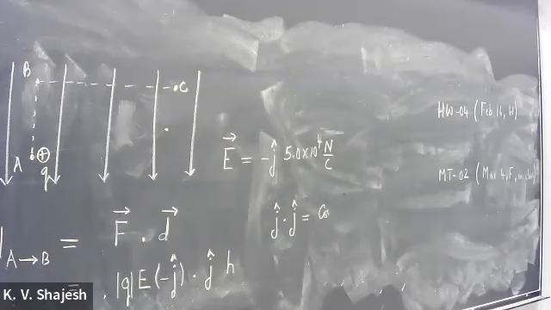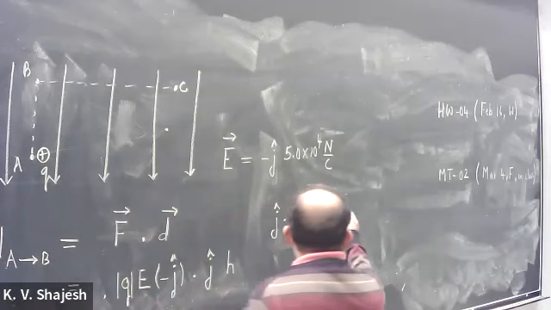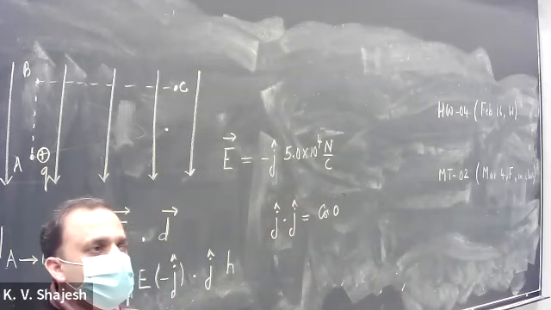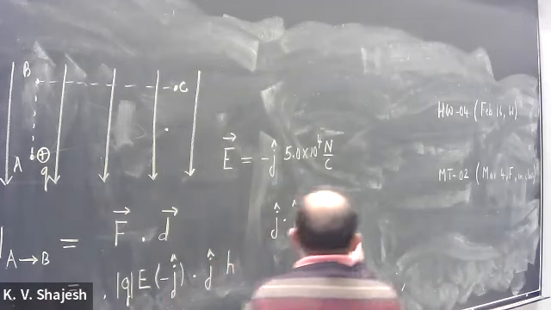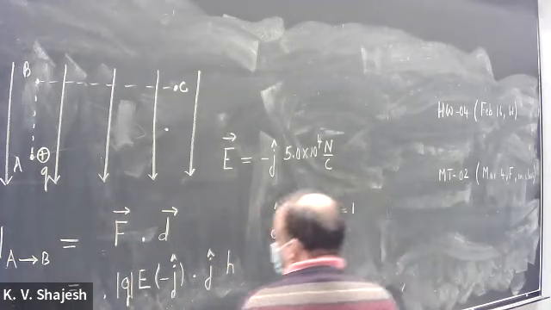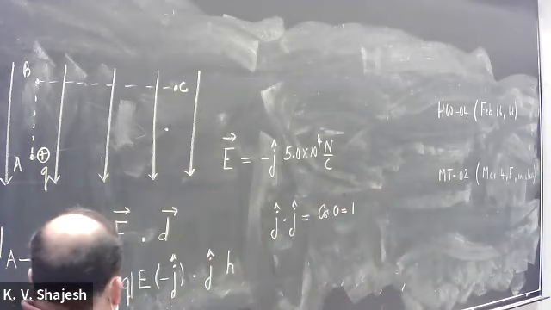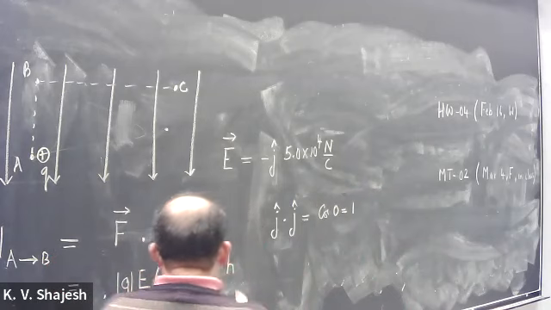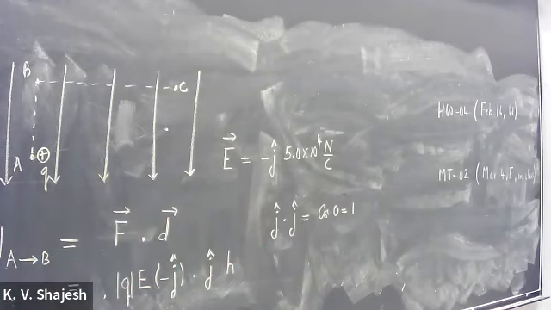What's the angle between them? That's 180. That's cosine of 180, which is minus 1. So that's your magnitude of force, magnitude of displacement, and cosine of the angle, which in this case I've shown as the direction of the two vectors.